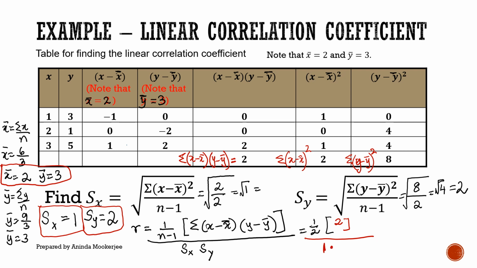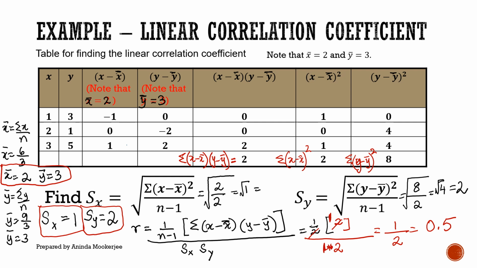So 1 times 2 is a 2. So we have half times 2, all right? 2 and 2 divide, which gives us a 1. All right, so we have 1 in the numerator, and 1 times 2 is, this is not 1.2. Keep in mind, this is a multiplication. So half, and therefore we have an R value of 0.5.